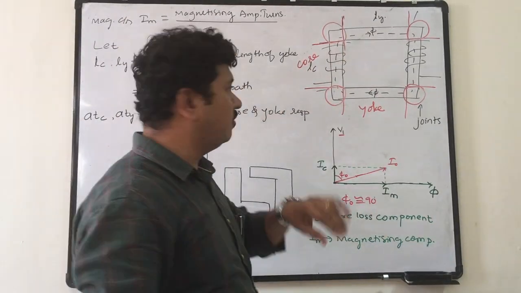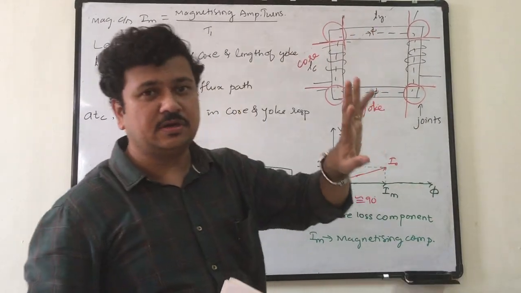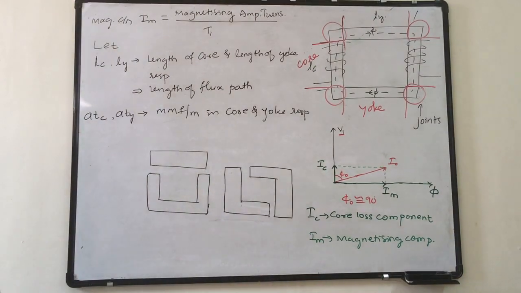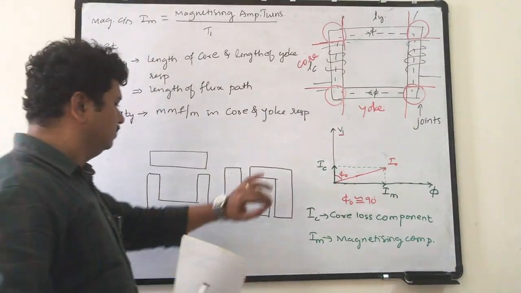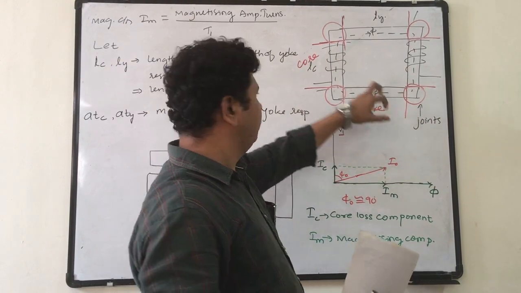So this is the core part, this is the yoke part, this is the joint part. The mmf required in the core is different, in the yoke is different, and in the joints is different. So there are three parts of magnetizing mmf in the transformer: core part, yoke part, and joint part.